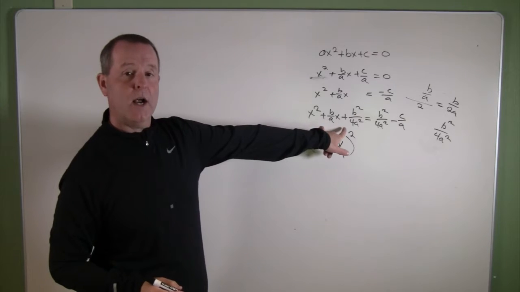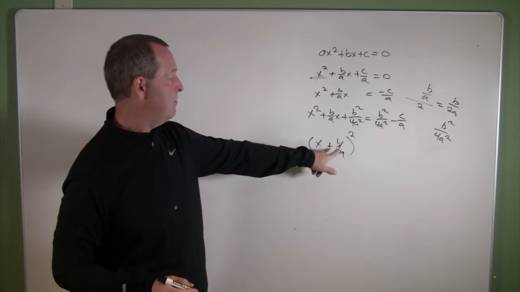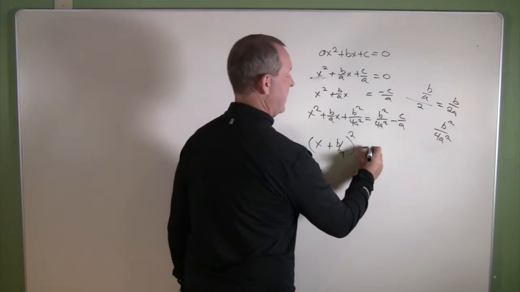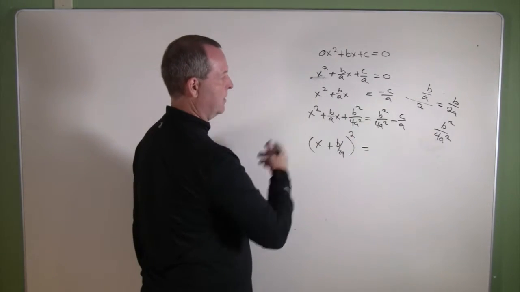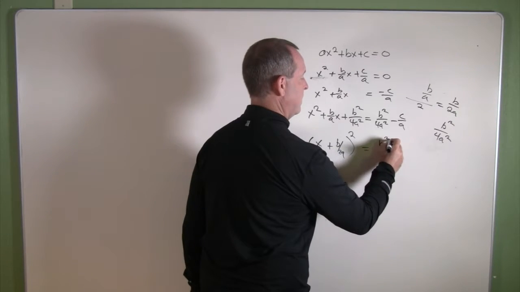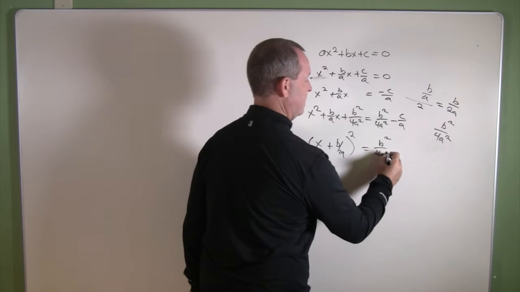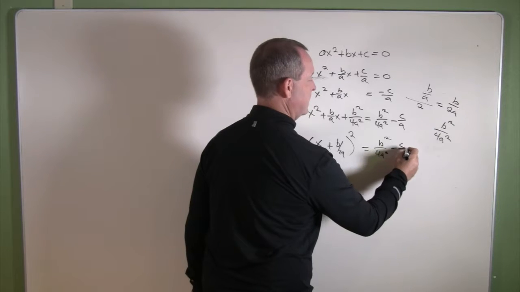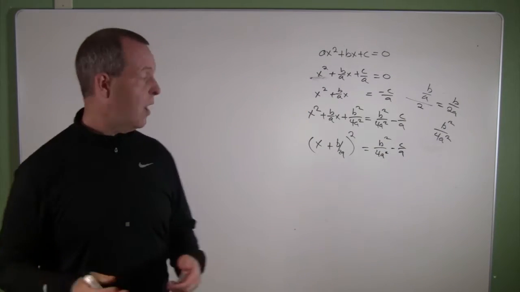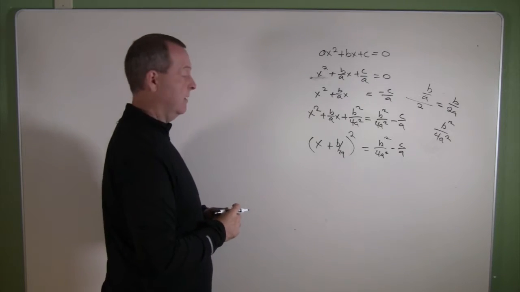This is a perfect square trinomial. It factors down to x plus b over 2a, squared. And then on the right side, I have a whole bunch of stuff there, so I can just leave that there. I have b squared over 4a squared minus c over a. You can start to see that property where I take the square root of both sides.